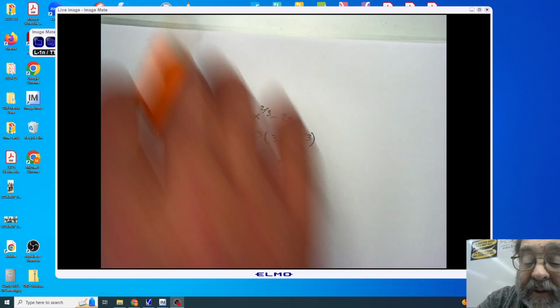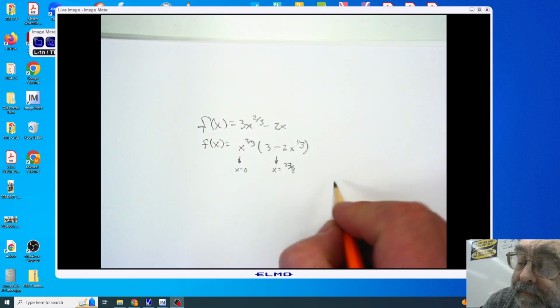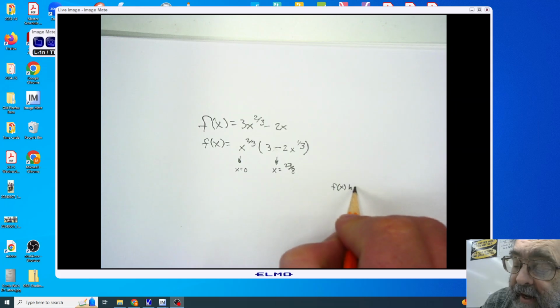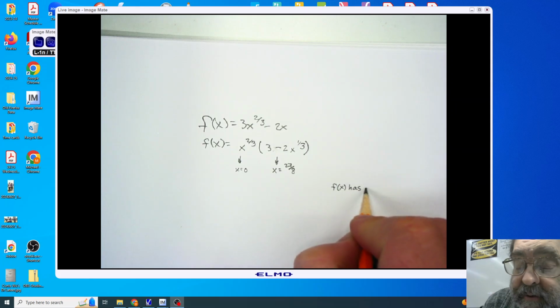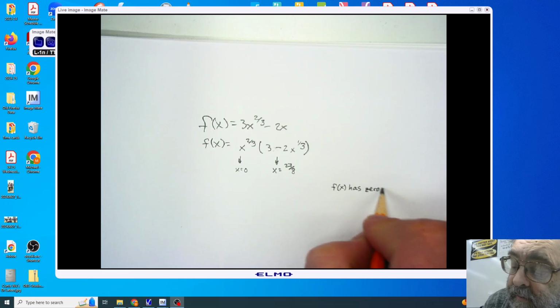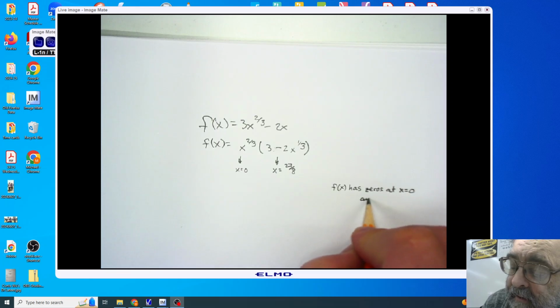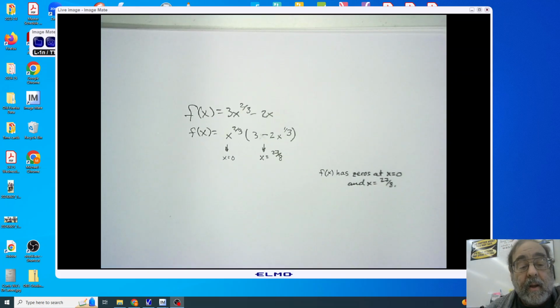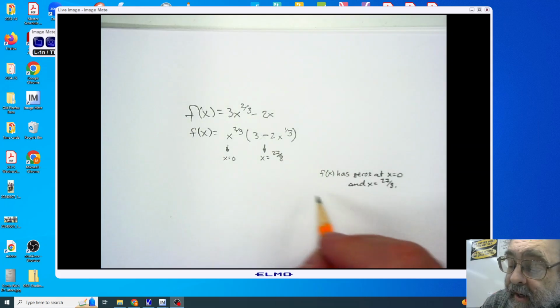So let's start listing some of these things down. Okay, first of all, f of x has zeros at x equals 0 and x equals 27/8. f of x has a y-intercept at 0.